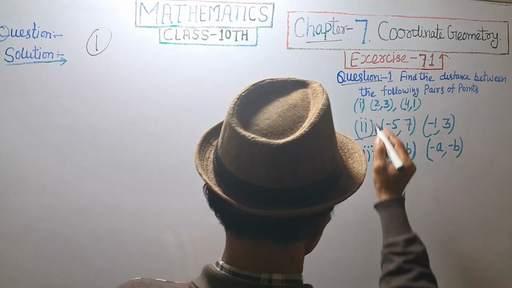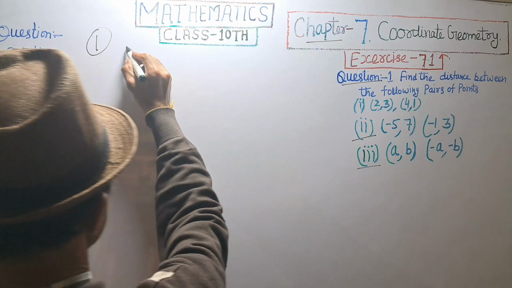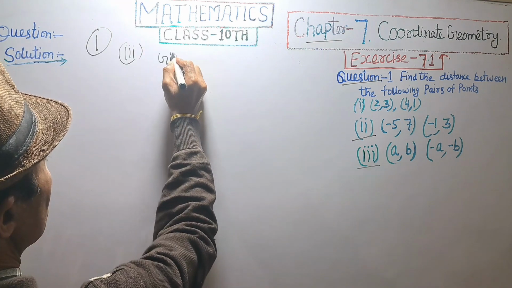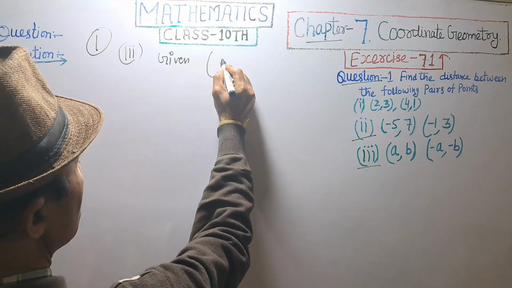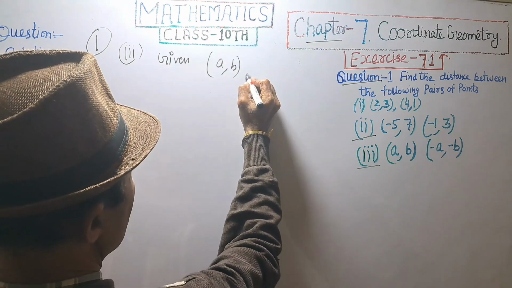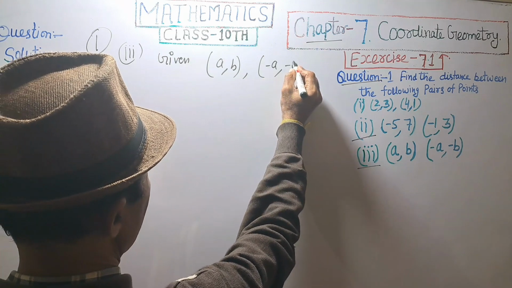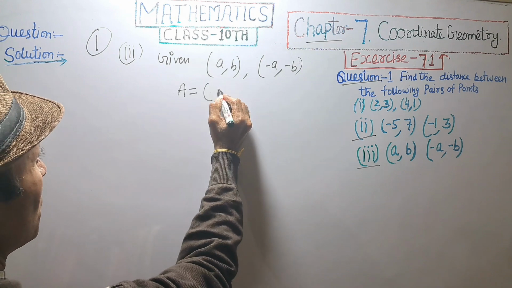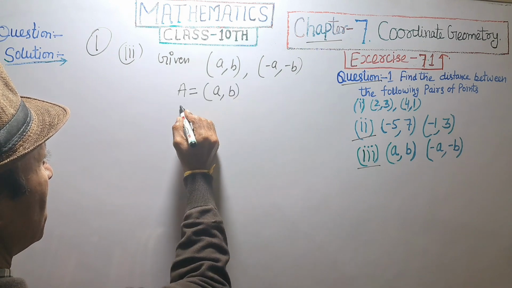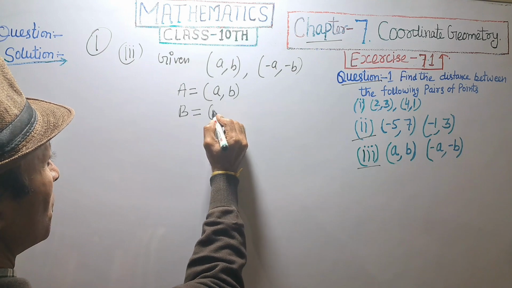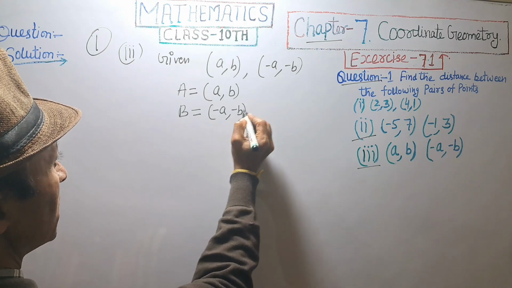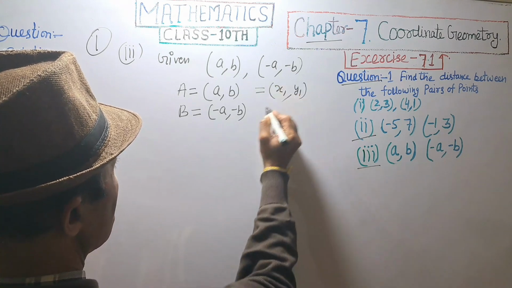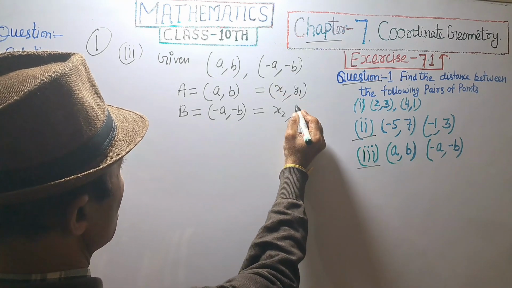Answer. Question first, third part. Given (a, b) and (minus a, minus b). Let A be (a, b) and B be (minus a, minus b), that is x1, y1 and x2, y2.